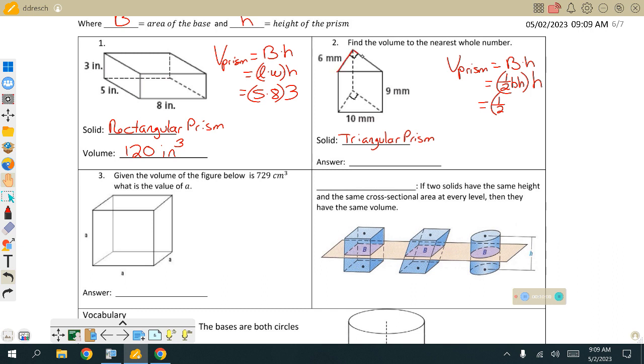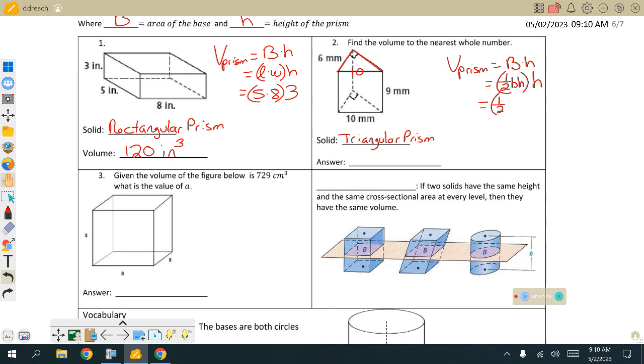Here's the 6. Here's the perpendicular. Are 6 and 10 perpendicular to one another? I don't think so. 6 and 10 are not perpendicular to one another. So, go find me what's perpendicular to that 6. How can I go find what's perpendicular to that 6? Oh my God, Pythagorean theorem. Exactly it. Okay? It's never going to go away.